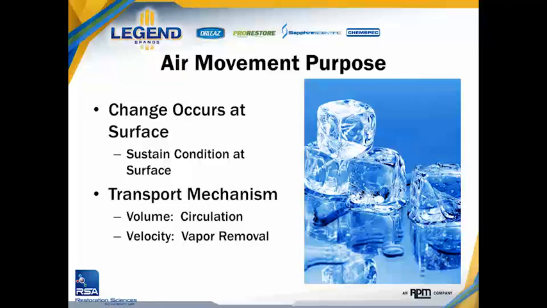In order to cause ice to melt, to cause that phase change to occur, there has to be energy that is applied directly to the surface of the ice. In other words, the energy that causes the ice to melt isn't the energy that's 3 inches away or 3 meters away. It's the energy that's directly in contact with the side of the ice cube.